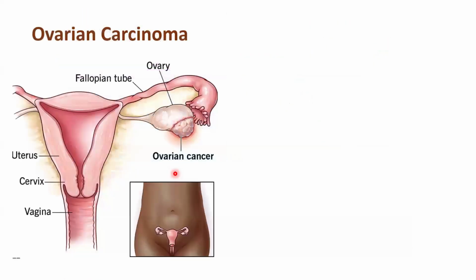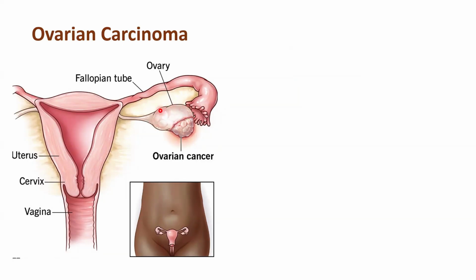The other thing that I'd like us to cover now is ovarian carcinomas. Just by the name itself, they are carcinomas affecting the ovaries, cancers that are affecting the ovaries. So this is ovarian cancer.